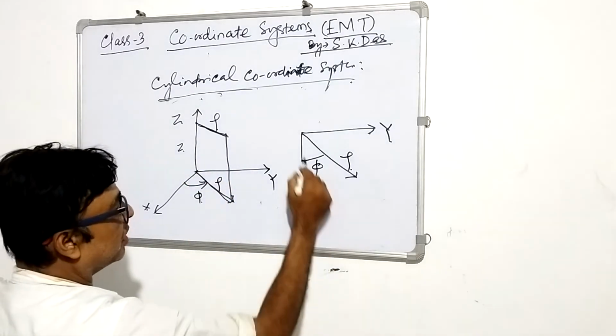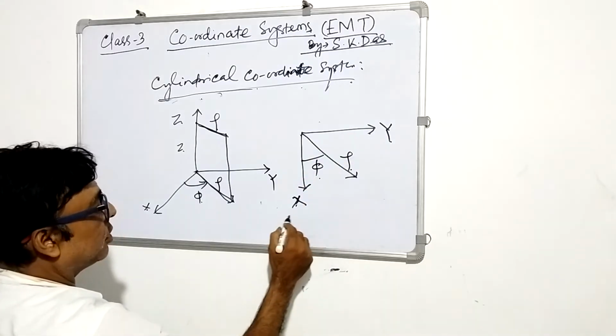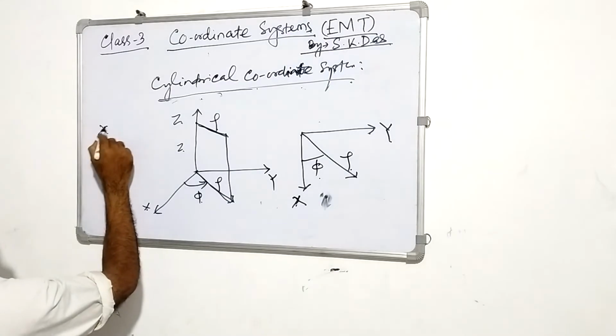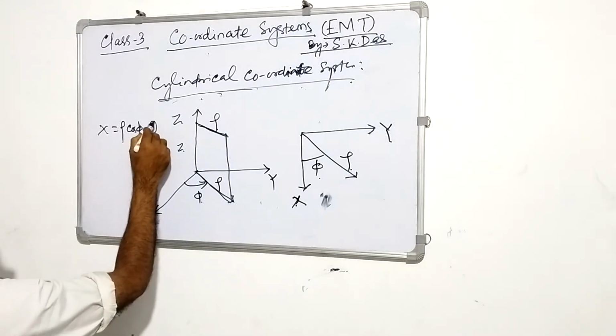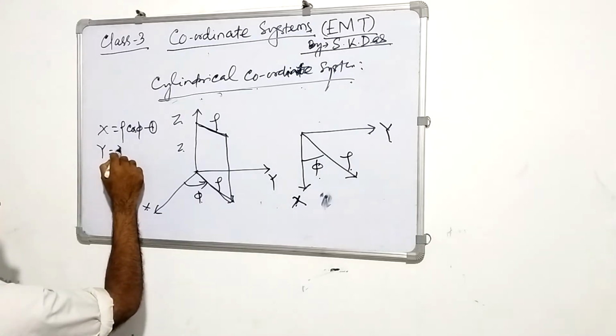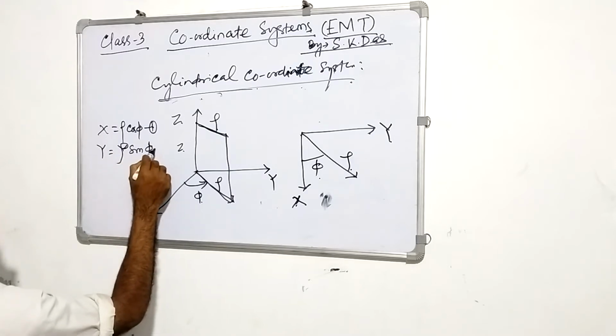If we resolve this rho into x and y components, x will be equal to rho cos phi. Similarly, resolving the y component, y is equal to rho sin phi.